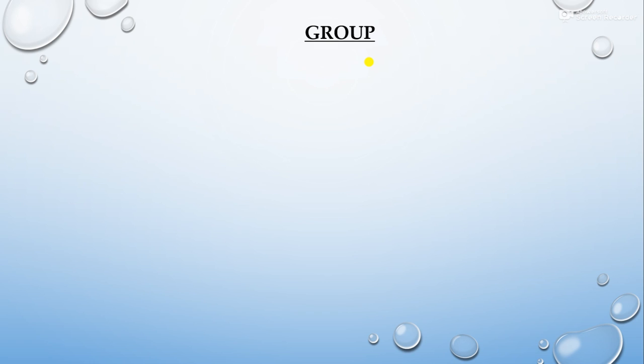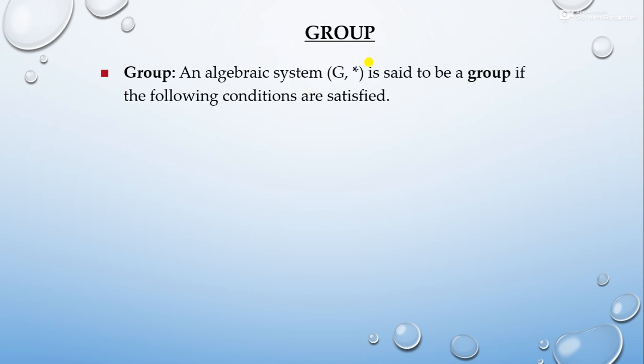Now come to the group. So what is the group? If we have an algebraic system G with a binary operation, it is said to be a group if the following conditions are satisfied. Here we have many more conditions to become a group.